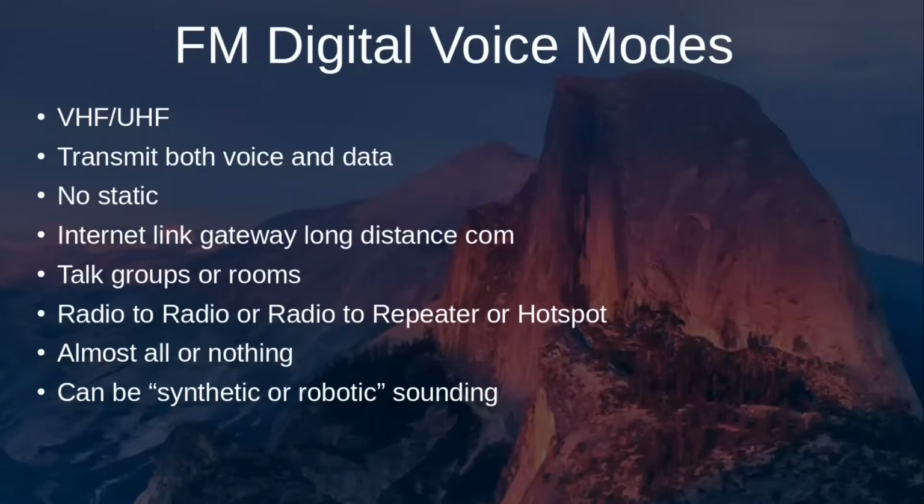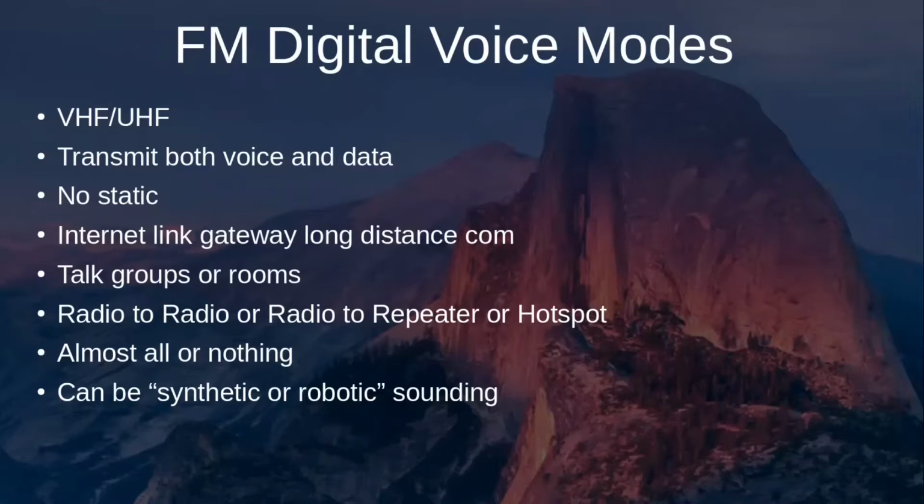Or you can connect through gateways or a hotspot in your home by having your HT or mobile hooked up to a hotspot in your house that's connected to the internet, and you can talk to other people across the world or the country by utilizing that hotspot.